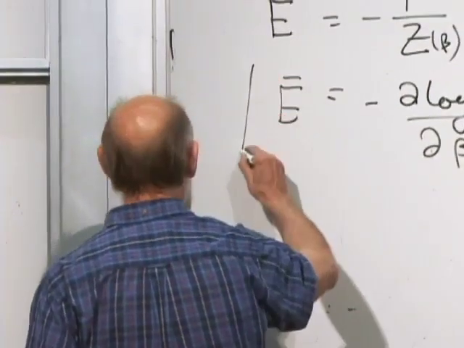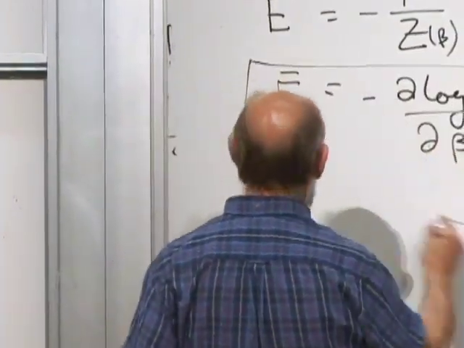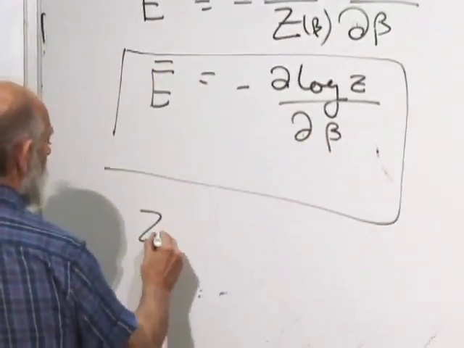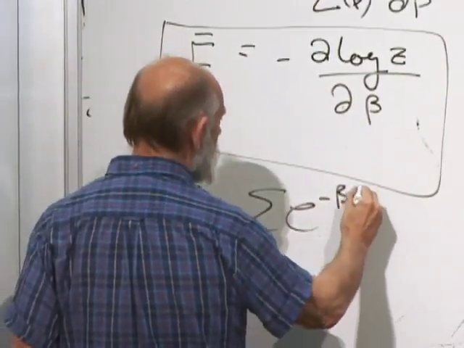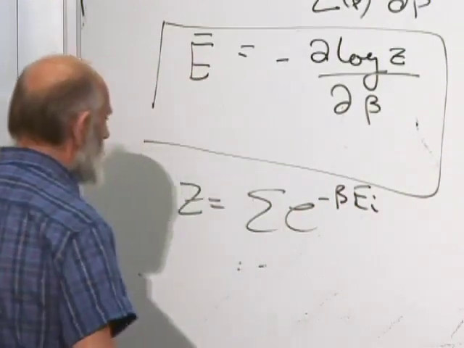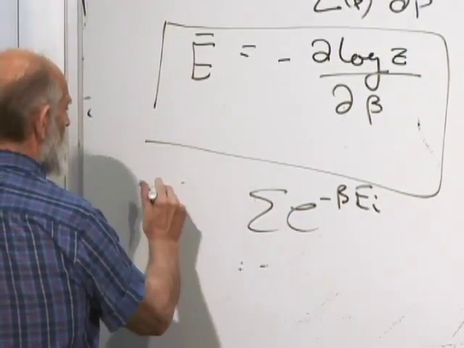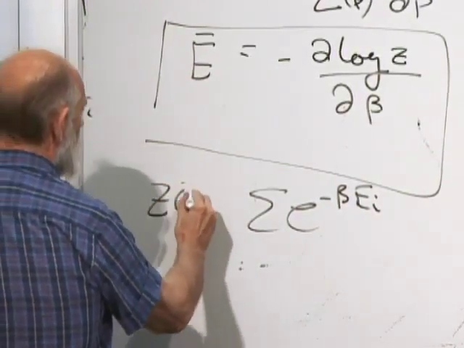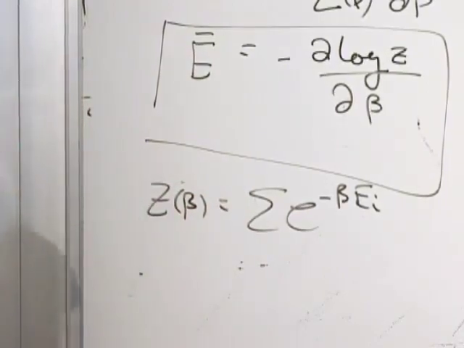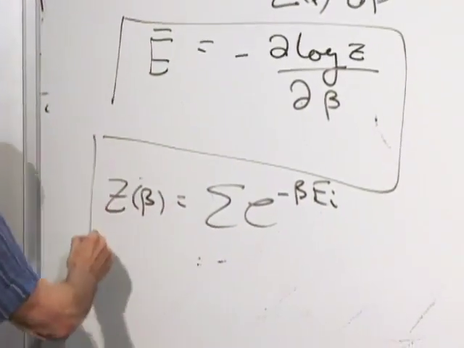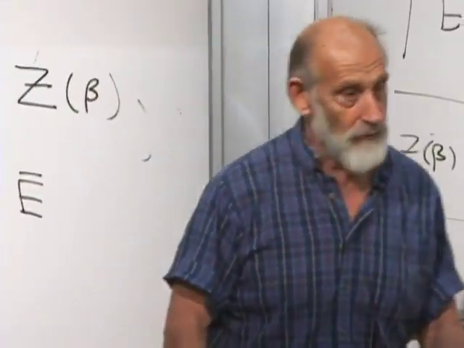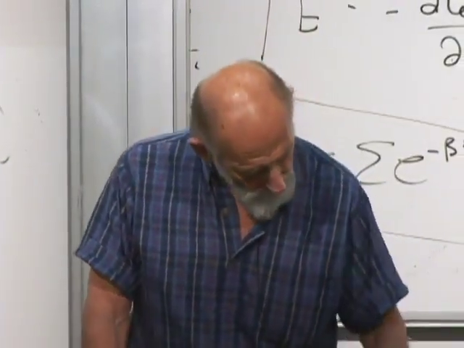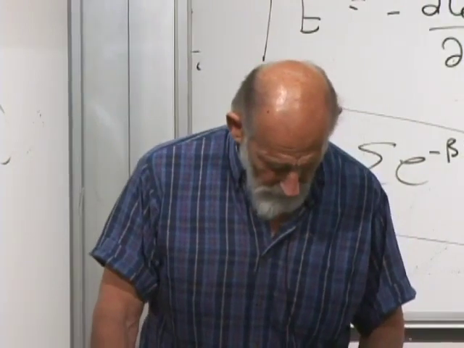This formula, together with the formula that z is the summation of e to the minus beta e sub I, contains a good deal of information, more than a good deal, just endless amounts of information about the statistical system.